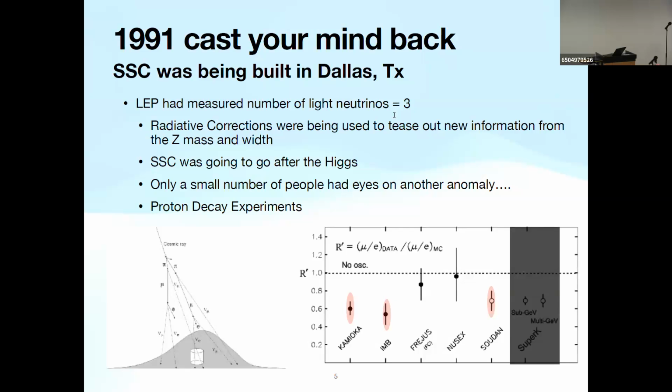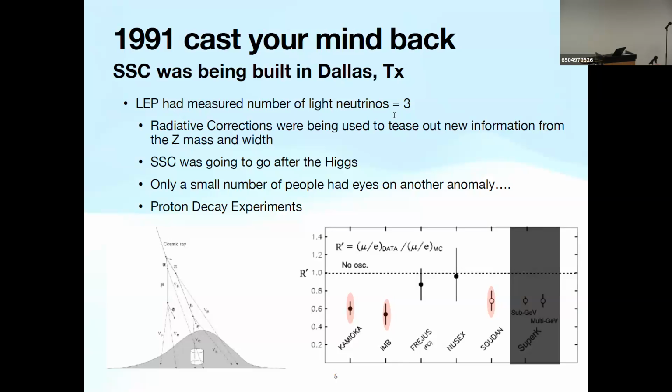And as you heard, the SSC was going to go after the Higgs. So many eyes, I would say the majority of eyes, were watching that bit of physics unfold. But there were a small number of people who were paying attention to something different.